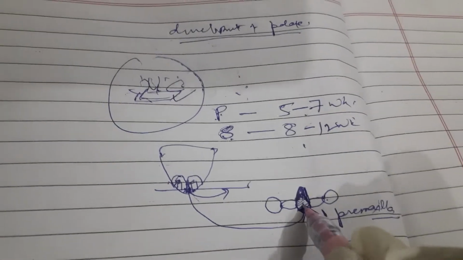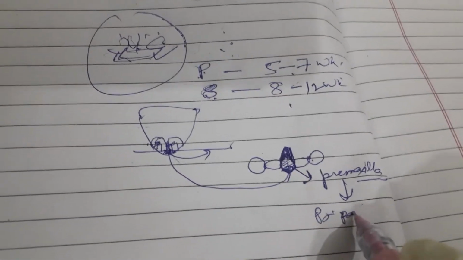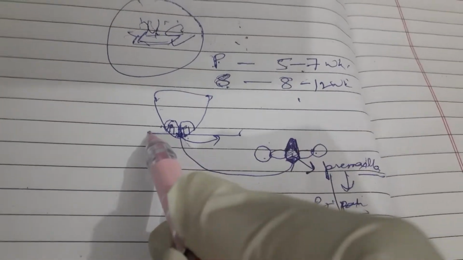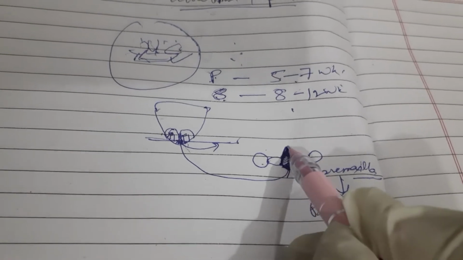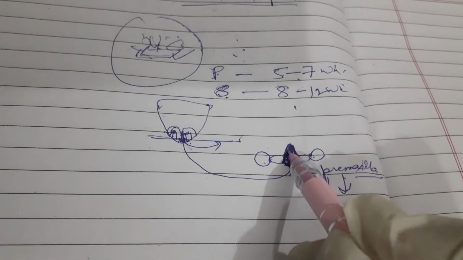It is that part which will give rise to the primary palate. And if I take a section over there, what we see is a somewhat triangular part having a posterior extension.